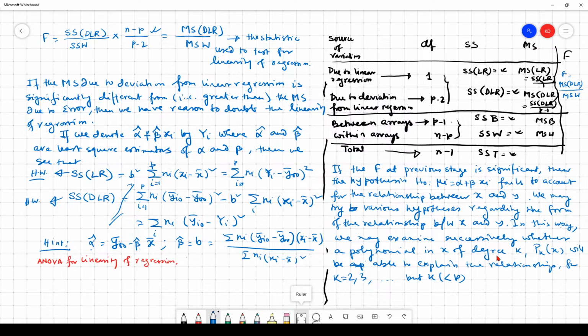I discuss this here generally, but for a particular case, that is when the data is given, you follow these steps, where p is the number of Y arrays.